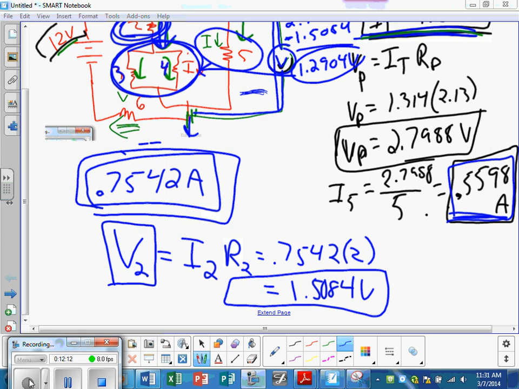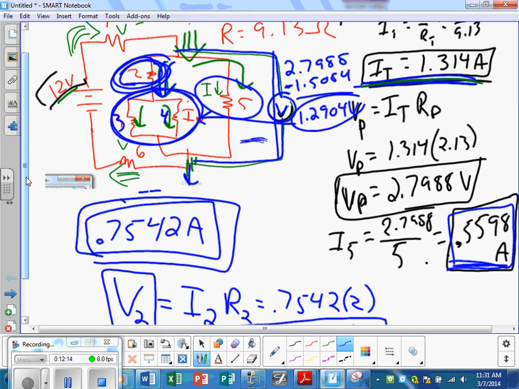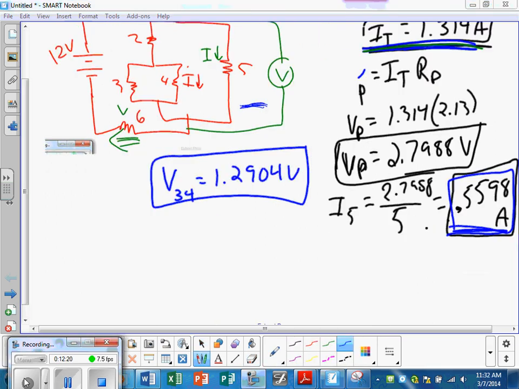So now we know that the volt drop, I'm going to erase some of this stuff here. Okay, so we determined that the volt drop across the 3-4 part is 1.2904 volts. So now we can find finally the current through the 4 ohm resistor.